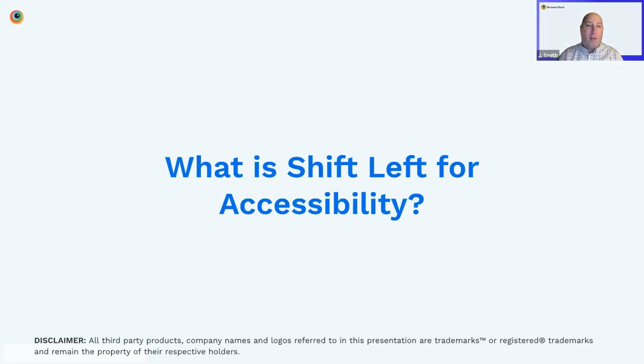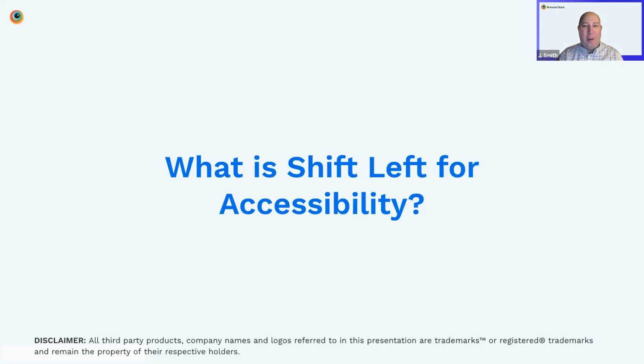I get calls all the time from folks that say, oh, my application, my website is going live next week. We'd like some help with accessibility. And that's the first step where they've really considered accessibility, after things have already been coded and built and are basically just in a very short testing cycle before things are launched into production.